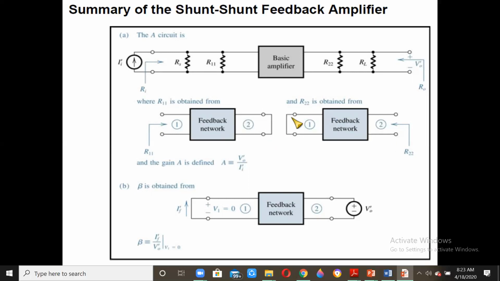R22 is the one which corresponds to the input shorted here, and the gain A is equal to V0 dash by I1 dash. The gain without feedback A is this much here, and beta is obtained by shorting the input side over here and connecting the voltage source at the output, and that will give us beta equal to IF dash by V0 dash when V1 is equal to 0.